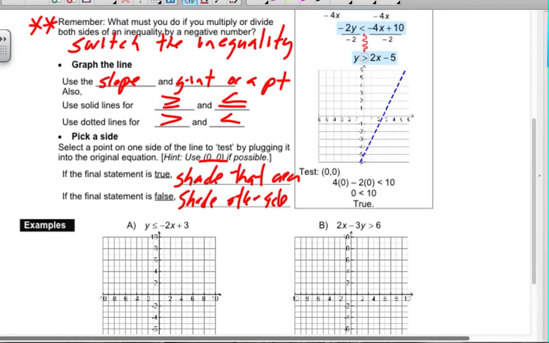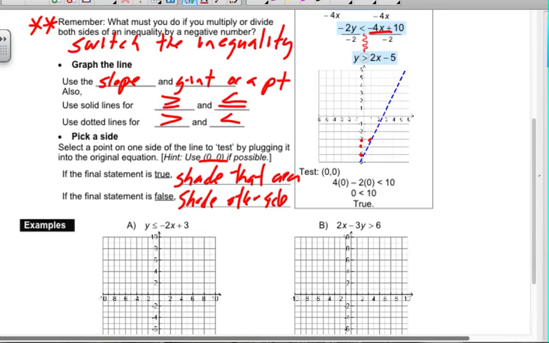As you can see, they started in standard form, they subtracted their 4x over first, divided by 2, and now you've got y is greater than 2x plus 5. So you graph this. My y-intercept is a negative 5. My slope is 2, so I go up 2 over 1, and then you get that line.